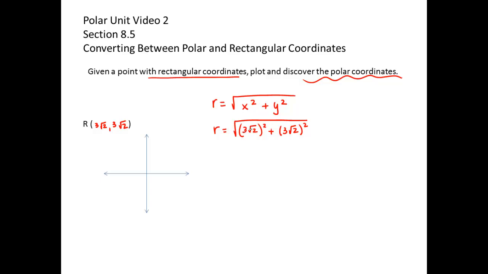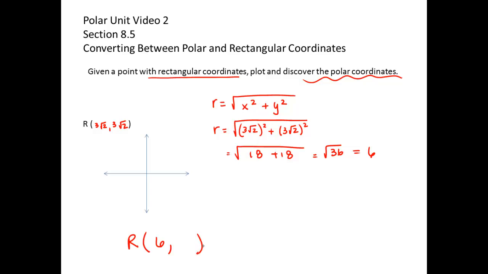So it'll be 9 times 2, so it's actually going to be 18. Same thing on this side, which means that r is equal to the square root of 36, or r equals 6.